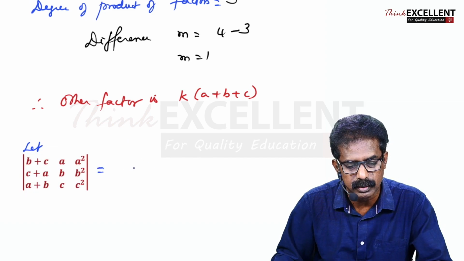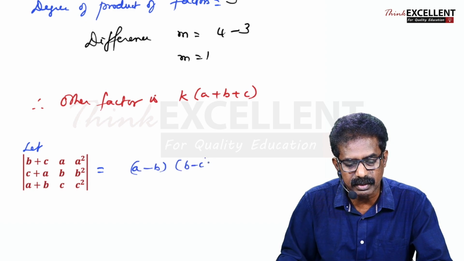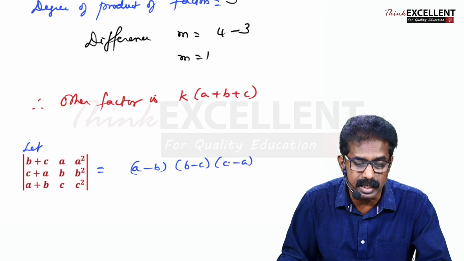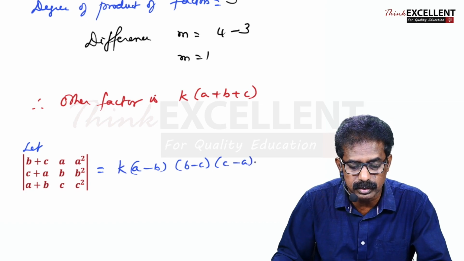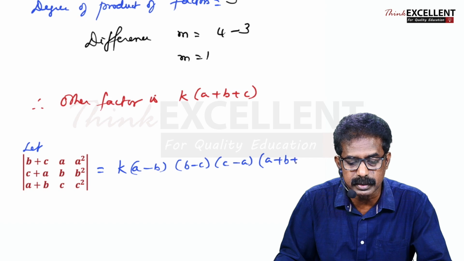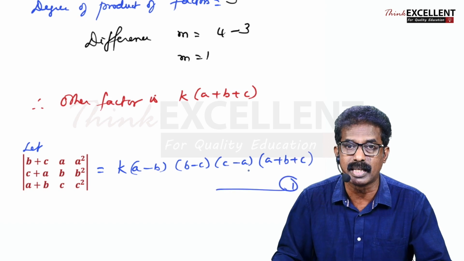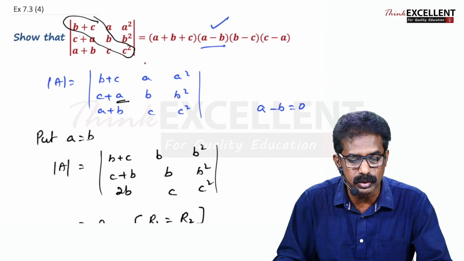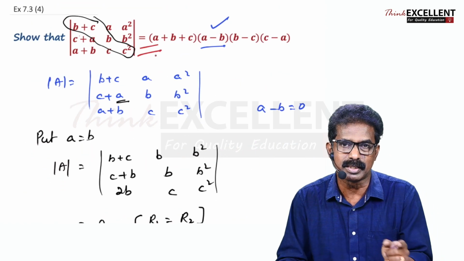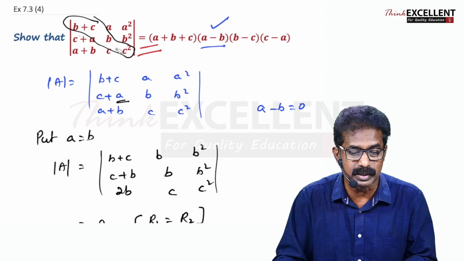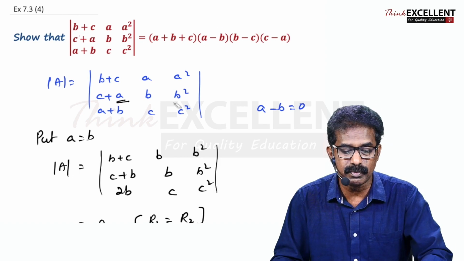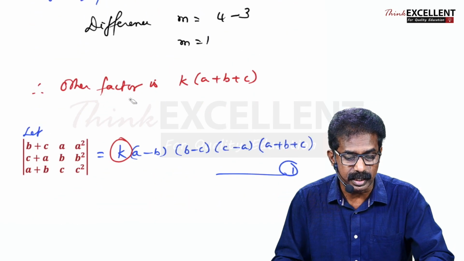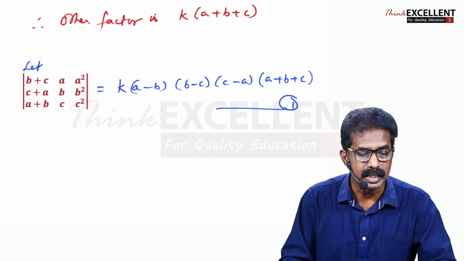A minus B is a factor, B minus C is a factor, C minus A is a factor, and now we have taken K into A plus B plus C is also a factor. This is your answer, right? And we have to find the K value. By seeing the question, nothing is there, which means the K value you are supposed to get is 1, right? But we have to prove it. Simply you cannot write. In the previous question we got K value 8, so here we have to prove K value 1.